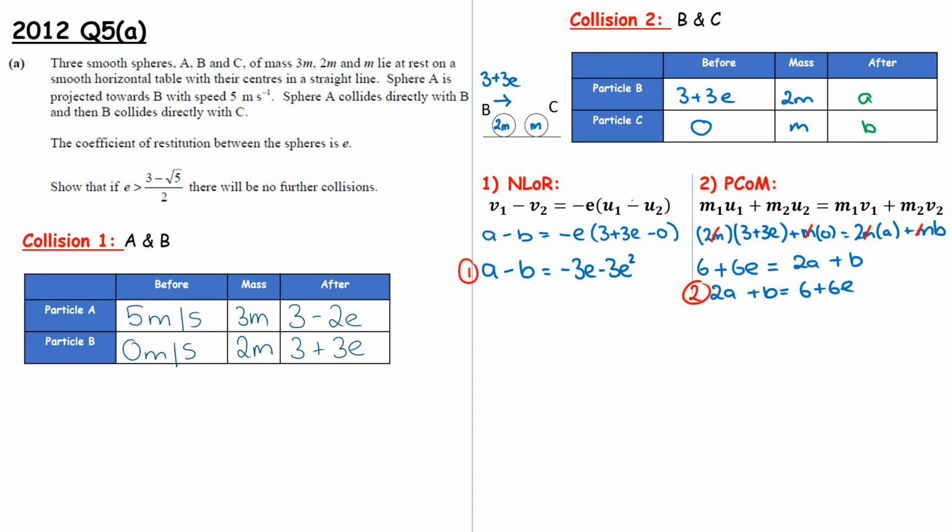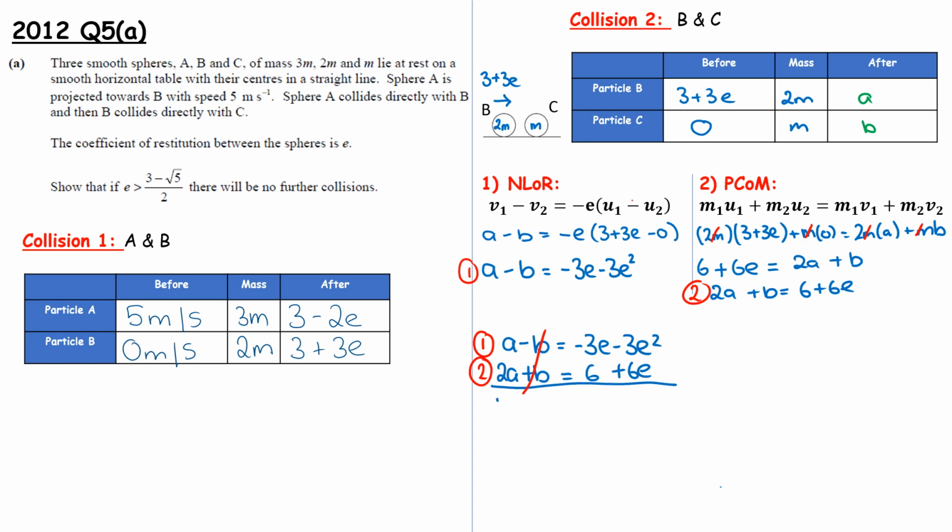So now we'll do simultaneous equations. It is a little bit messy because of the algebra, but just focus on the a and the b. a minus b equals minus 3e minus 3e squared, 2a plus b is equal to 6 plus 6e. We don't have to do anything because the b's will straight away eliminate.